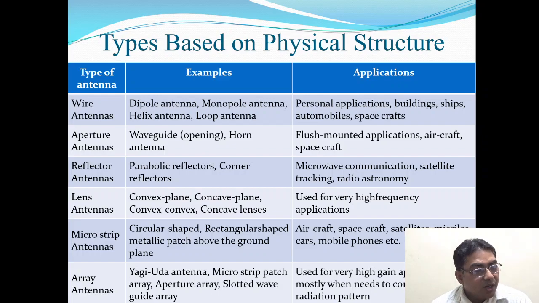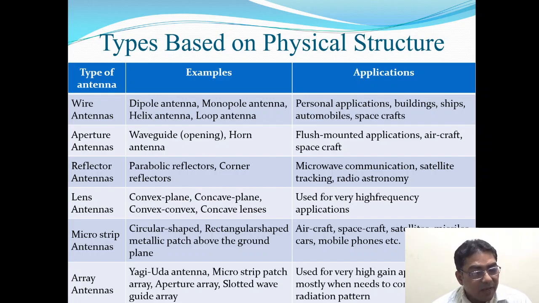Then the next type is lens antennas. Lens antennas are divided into convex plane, concave plane, convex, and concave lenses, and they are used for very high frequency applications.